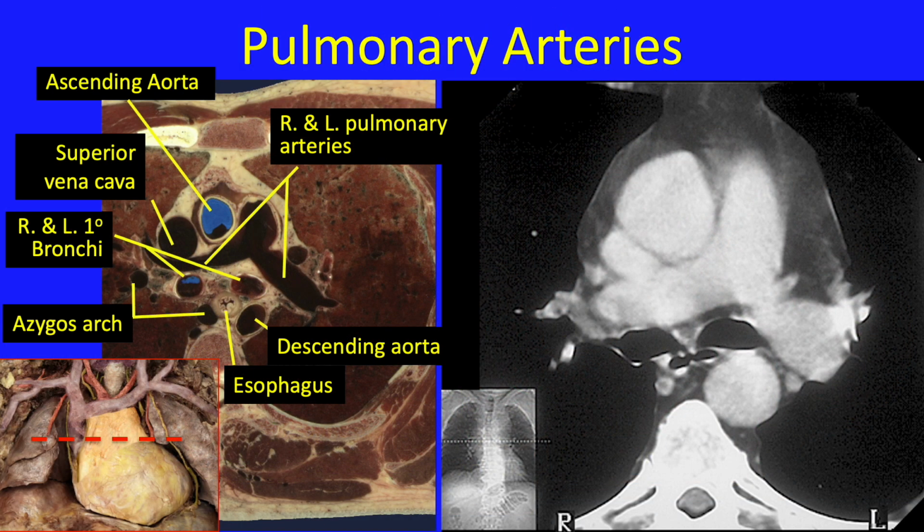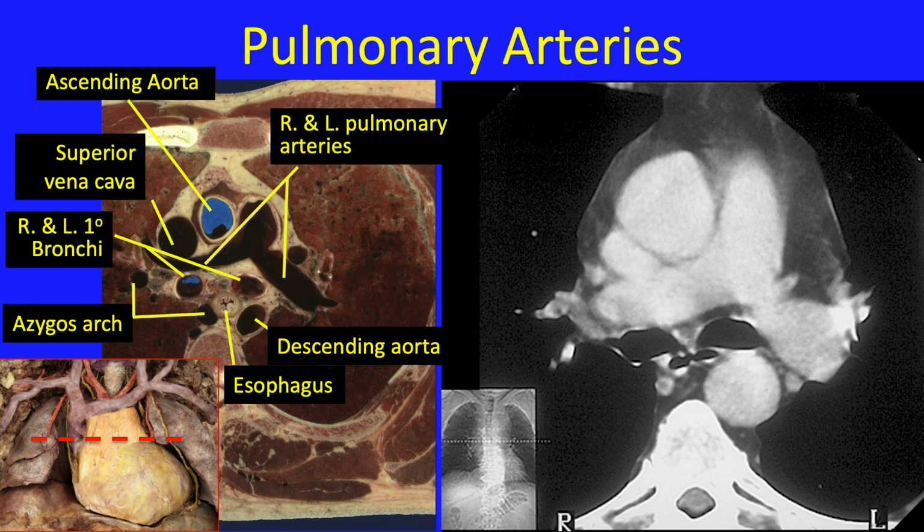We now go to the CT image and identify the corresponding structures. Again, on the left side, we have the labeled cadaveric cross-section and the heart in situ demonstrating the level of the section.